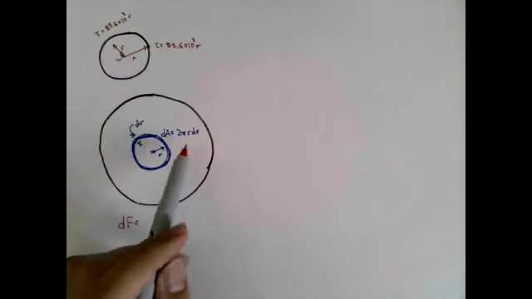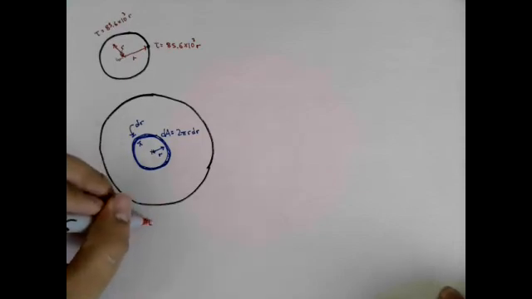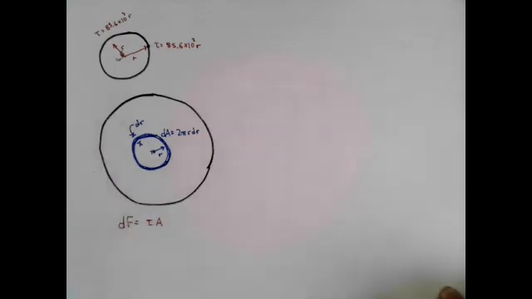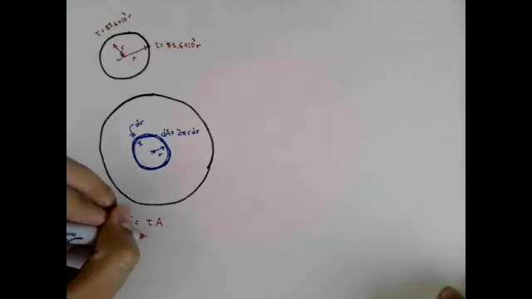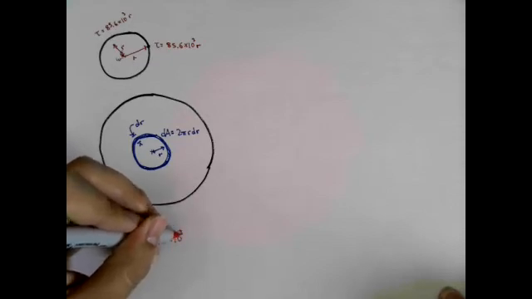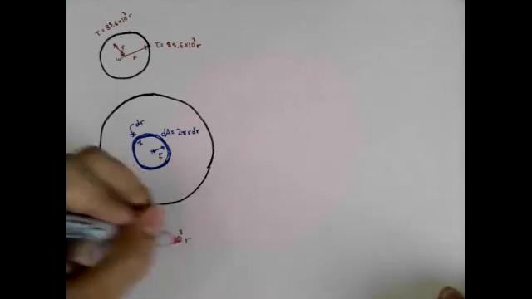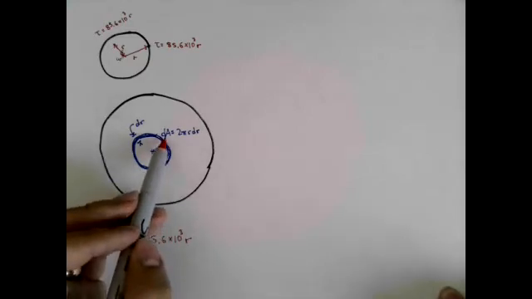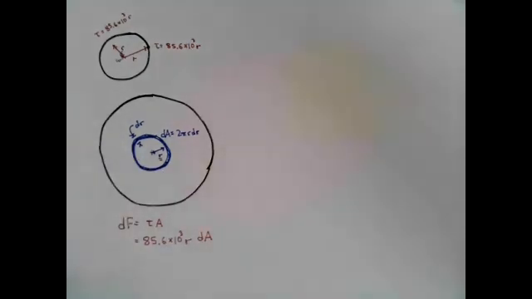So if I have a tiny element at a distance r, then my force should be equal to shear stress times the area of the element. In this case, my shear stress is 85.6 times 10 to the power 3 multiplied by my distance r. My area is simply my differentially small dA.